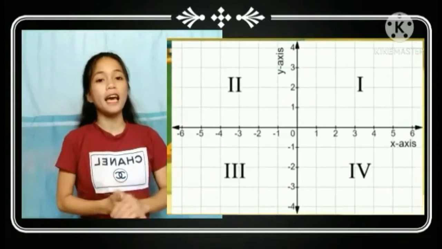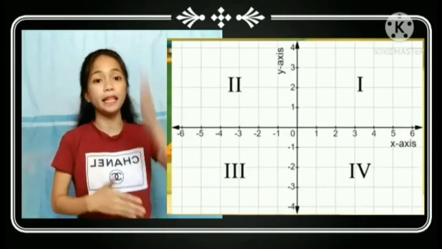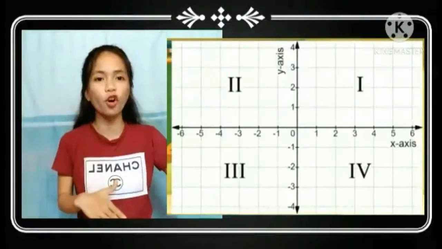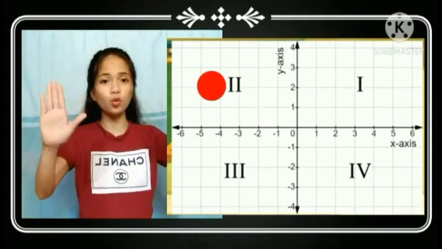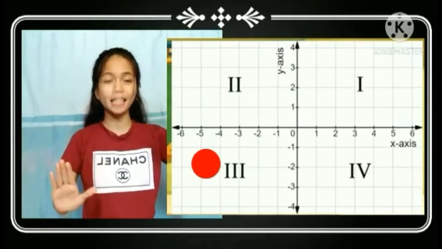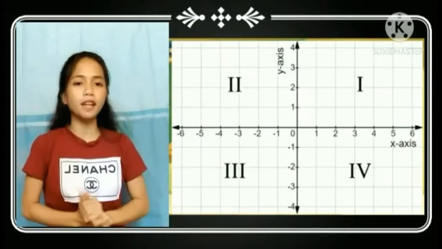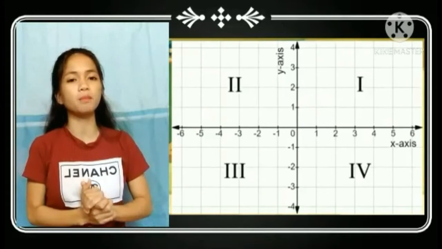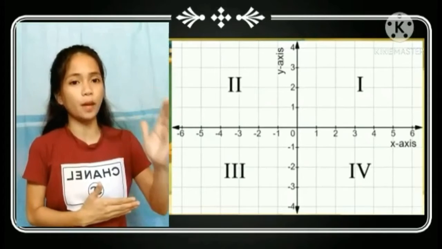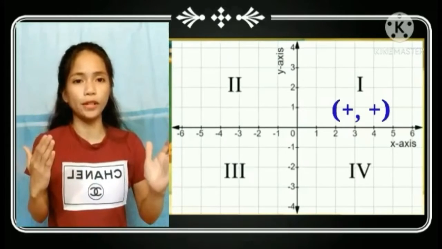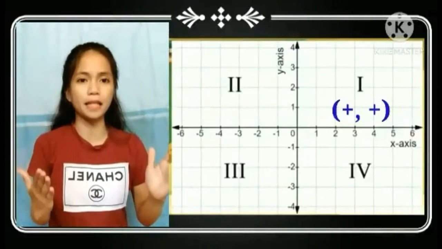Let's generalize. The Cartesian coordinate plane is divided into 4 regions: quadrant 1, quadrant 2, quadrant 3, and quadrant 4. By describing the signs of the coordinates of a point: in quadrant 1, the x-coordinate is positive and the y-coordinate is also positive.